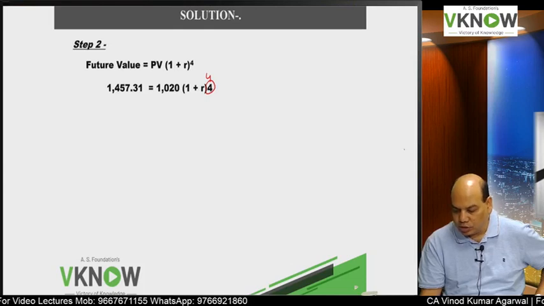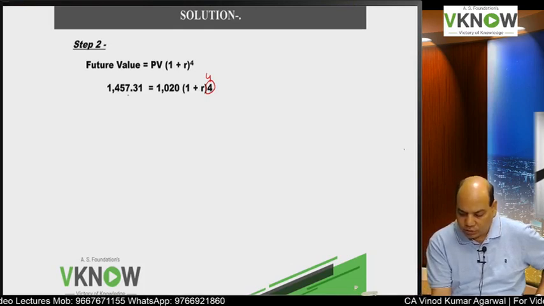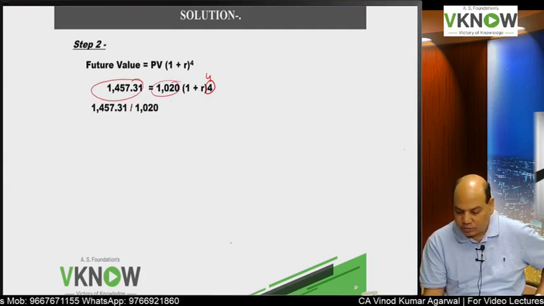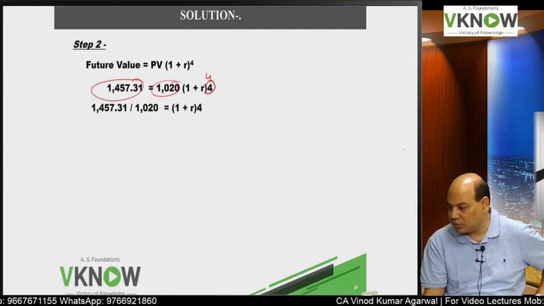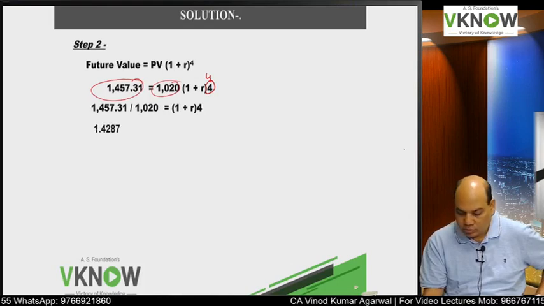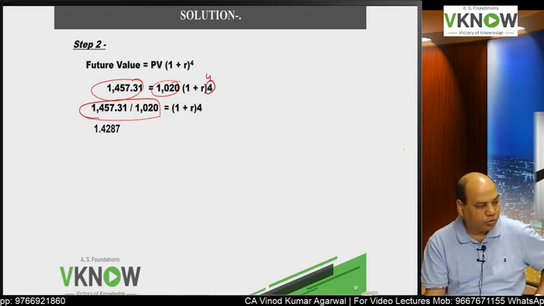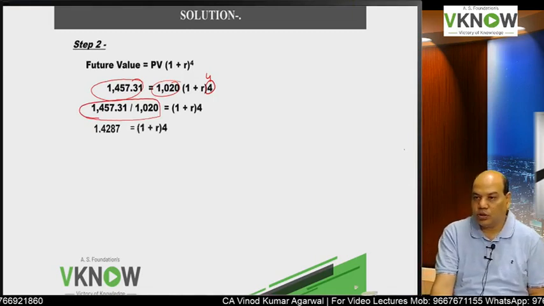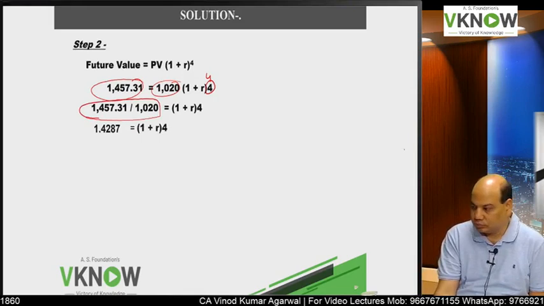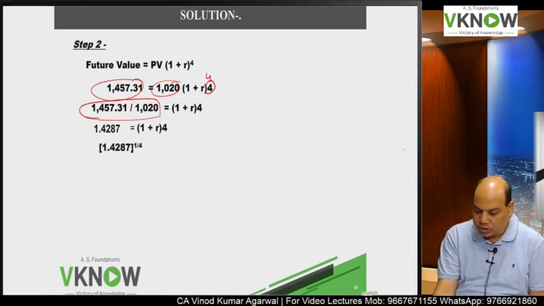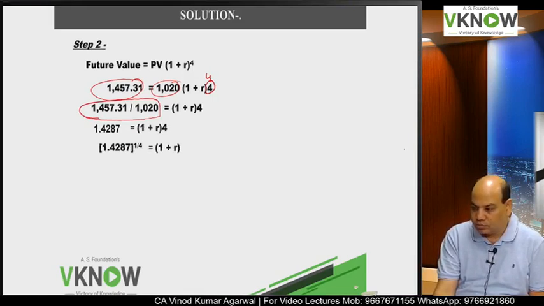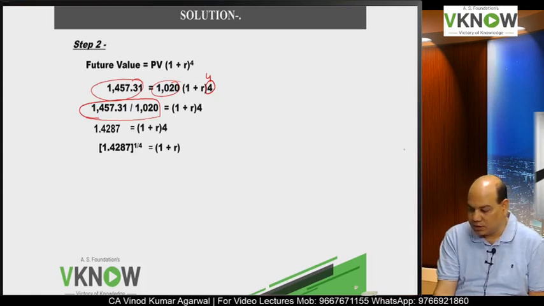And then we have to solve this equation. 1457.31 divided by 1020 is equal to (1 plus R) to the power 4. Then this calculation will be simplified. 1.4287 is equal to (1 plus r) to the power 4. 1 plus r is equal to 1.4287 to the power 1 by 4, mathematics.